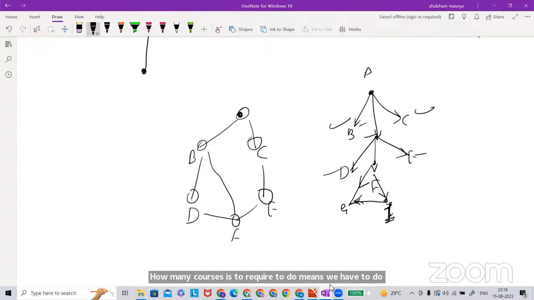After doing these courses, you can only do course I. Otherwise, you cannot. So can we find an order, so that before I do I, I have to do B, then C, and then D, E, or whatever in-between courses I have to finish, and then I can do it? So can we find that order? That is called topological sorting.